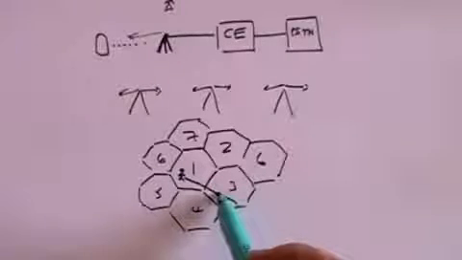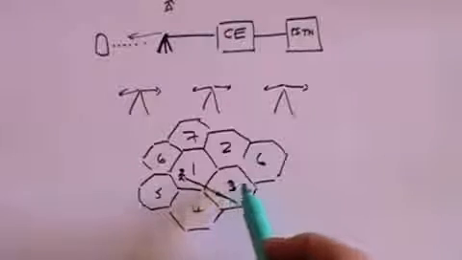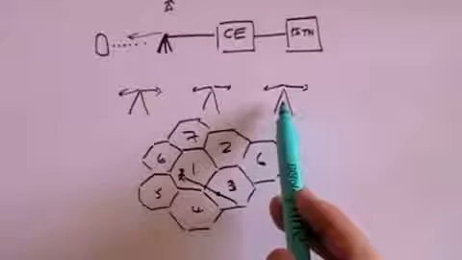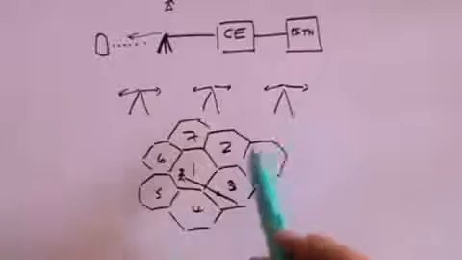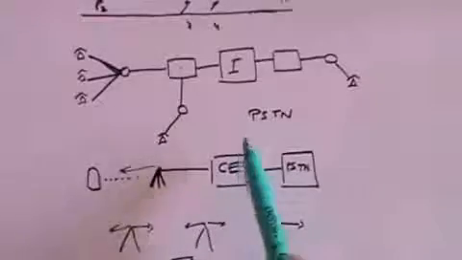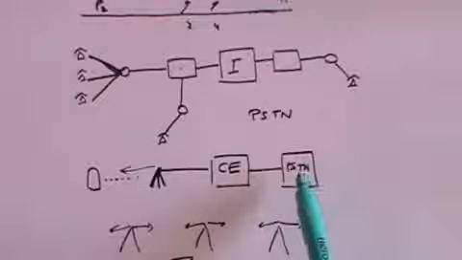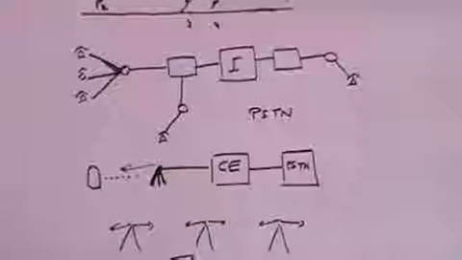And so you will be, as it were, diverted onto, you don't even realise this, but now transmitter receiver number 3 is handling your transmission. And all of these transmitter receivers are, of course, connected to the central exchange, which itself is connected to the PSTN.